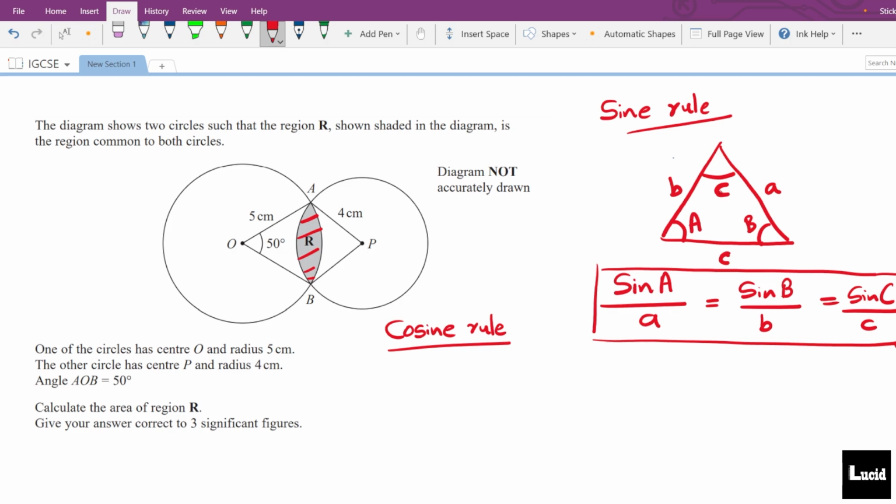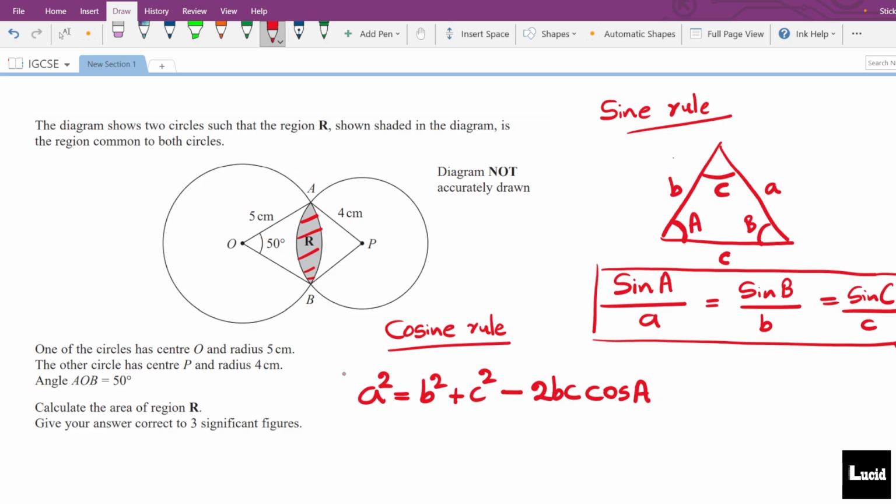Let's say I'm trying to involve angle A. Then the equation will be a squared equals b squared plus c squared, the summation of the squares of the remaining sides, minus 2bc cos A. We can write the same equation for the other angles as well.